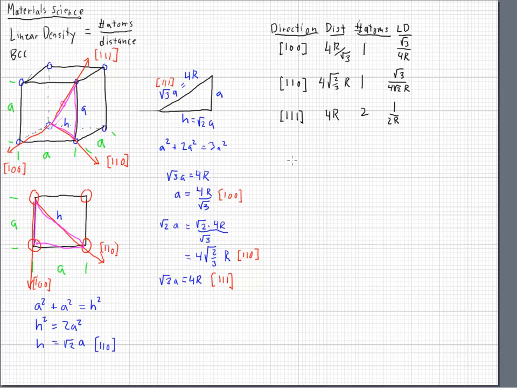Now let's look up an example, say for the linear density of iron. Well, obviously we need to know which direction. We'll just calculate it for all 3. But iron is a BCC crystal under certain conditions, especially with regards to temperature.